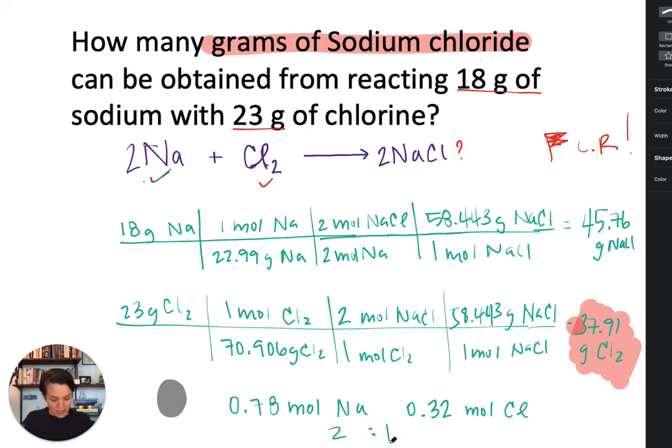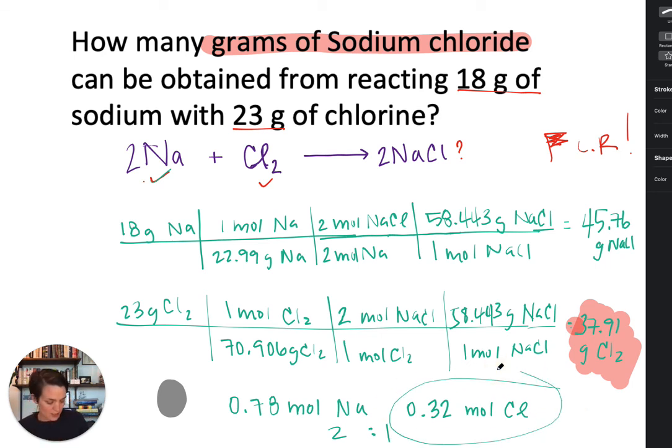So I ask myself, do I have more than 2 times as much sodium as chlorine? So 0.32 times 2 is 0.64. I have more than 0.64 moles of sodium, which means that I have more than 2 times as many sodium molecules as chlorine molecules.